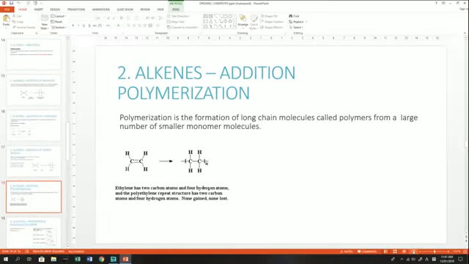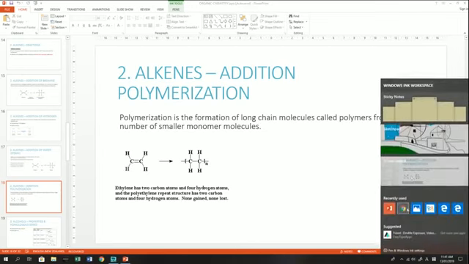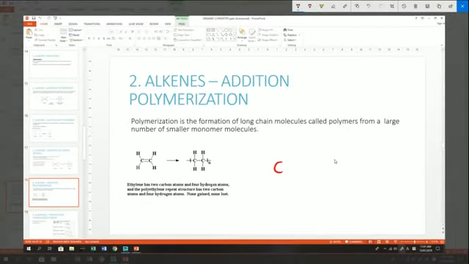And so, if I were to draw it out, if you have the ethene molecule, if you break apart this double bond, then you have room for two more carbons, just like normal addition. But this entire unit can actually add on to it.